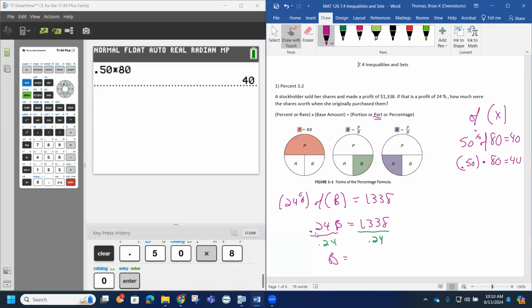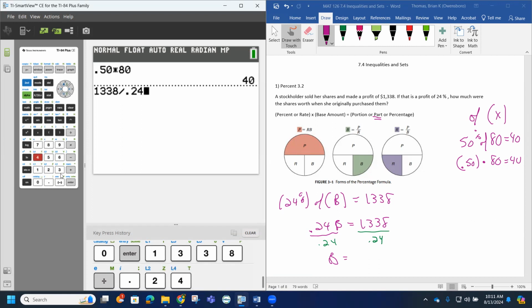Keep in mind, the answer should be a lot bigger than 1,338 because you're only getting a part of the original amount. That's where I'm paying attention: does my answer make sense? So I get 5,575.